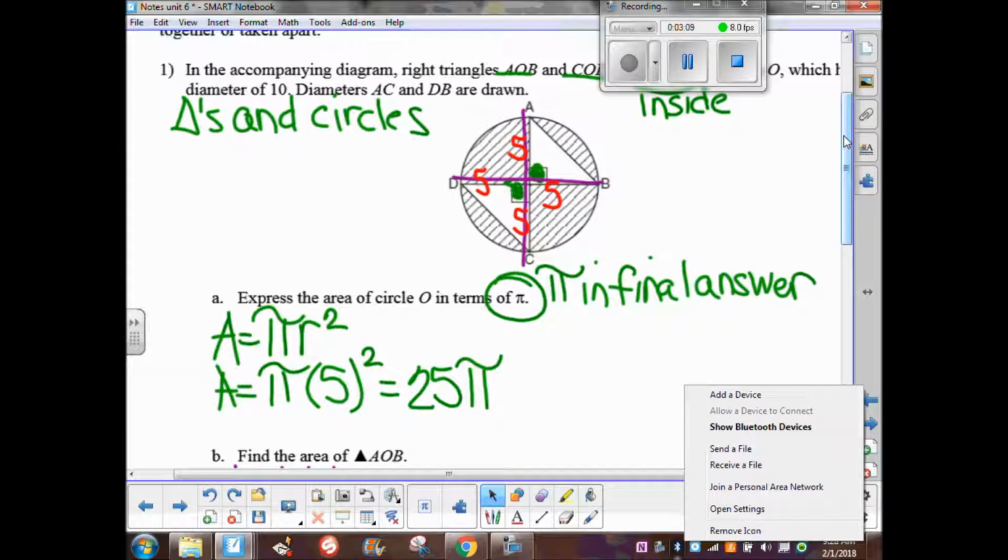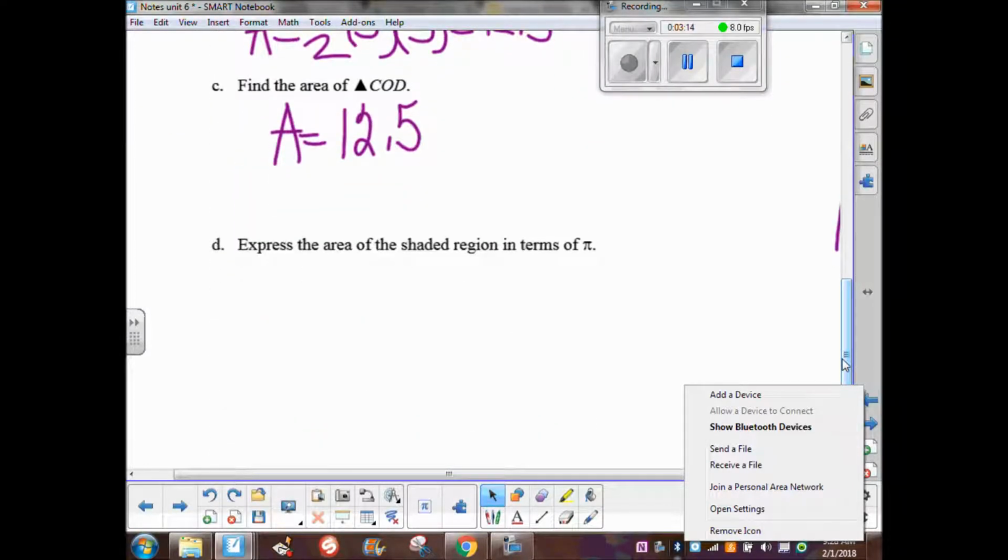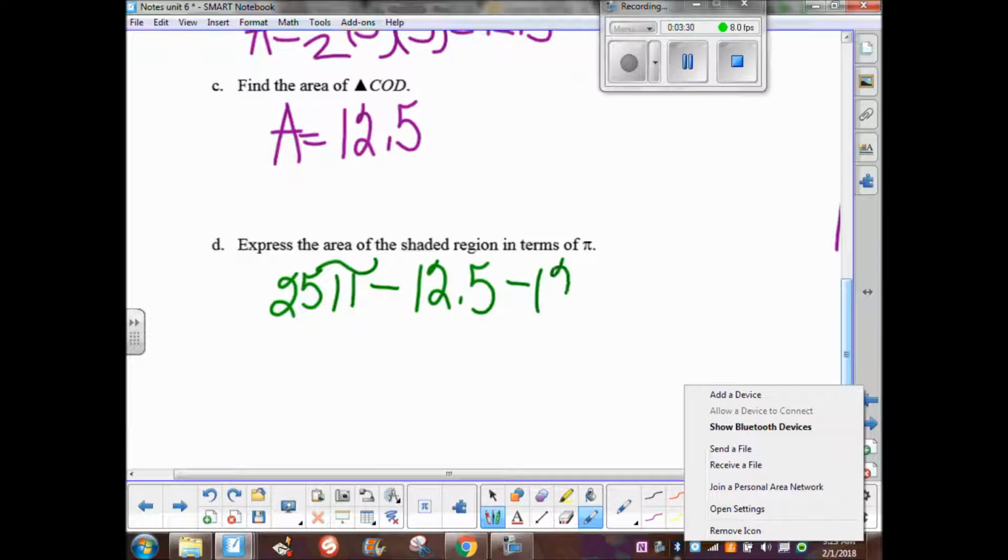So the area of the circle is 25 pi, and we've got to take out the two triangles. So what's take out in math? Subtract. I'm just going to write triangle 1, triangle 2, which, okay, some of you immediately realize that that's 25. That's excellent. So 25 pi minus 25.